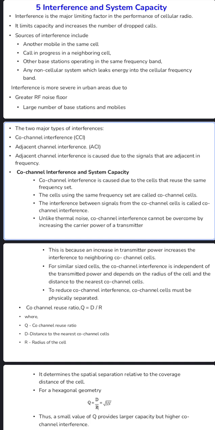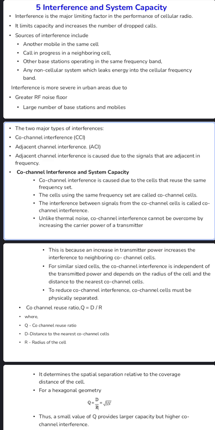Usually it is caused by improper filtering or closely spaced channels. How can we reduce this adjacent channel interference? Use proper filters, maintain sufficient frequency spacing, and assign channels carefully.